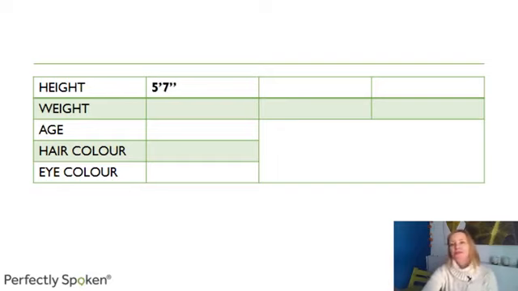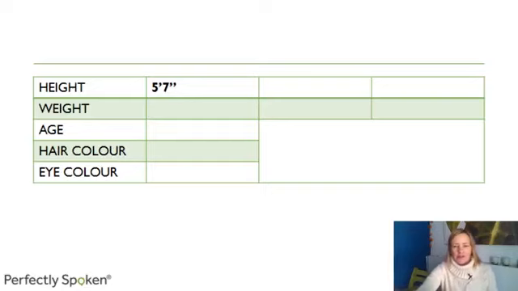So height, 5'7". In the UK, we still talk about height in terms of feet. 1 foot is approximately 33 centimeters, approximately, because there's approximately 3 feet in 1 meter.